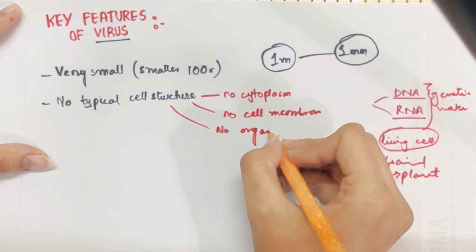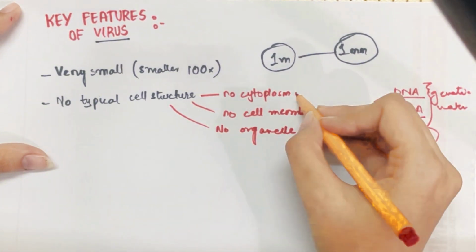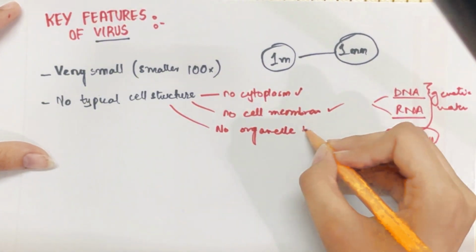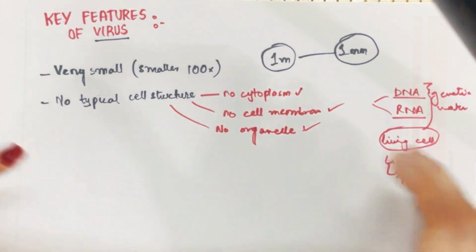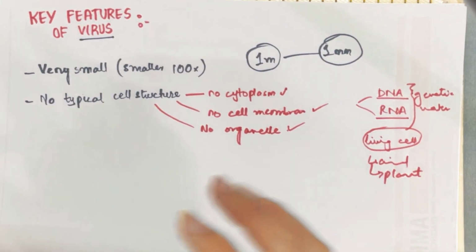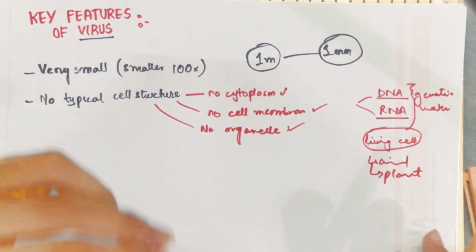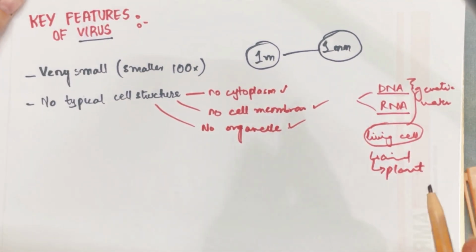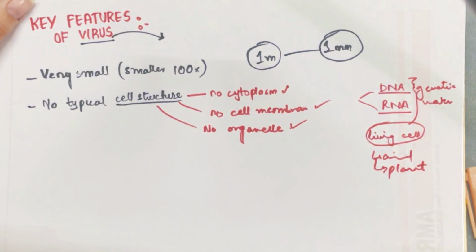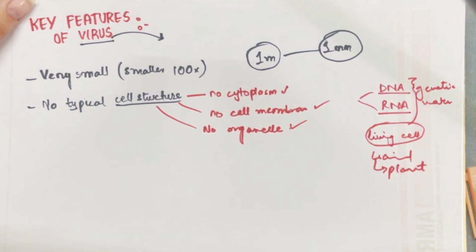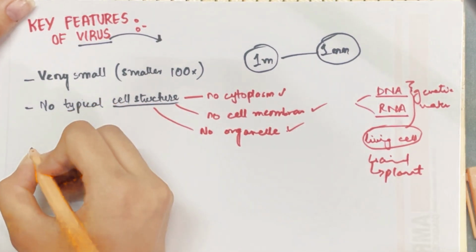So the question students often ask is: if it has no cytoplasm, cell membrane, or organelle, it is not able to proceed with its life on its own, and it has neither a nutrition requirement nor a reproductive requirement, then why do we study viruses? We study viruses to understand how they lead their life in another living cell.